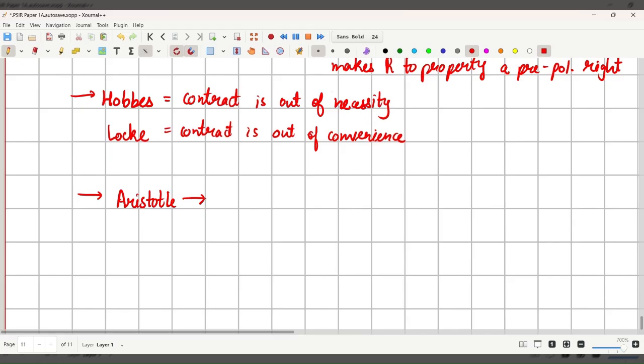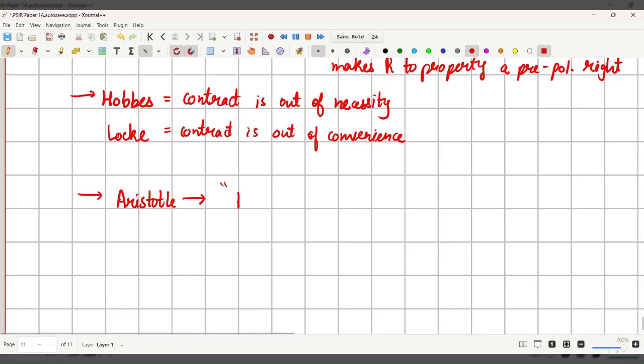So, in his first treatise, Locke basically echoes Aristotle by arguing that political power is different from parental or masterly authority, that the political power of masters is way different from that of the statesman.